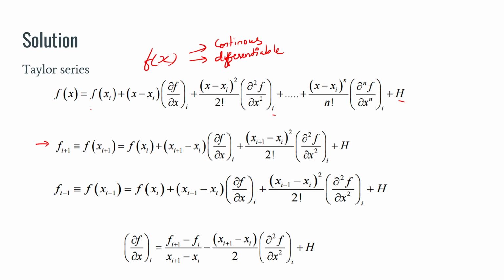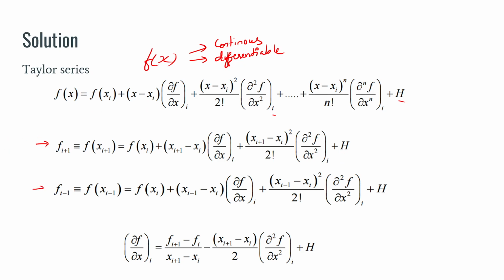We have to substitute all the points which had x with xi+1. Then f of xi+1 is equal to f of xi plus (xi+1 minus xi) times ∂f/∂x at i plus (xi+1 minus xi) squared by 2 factorial times ∂²f/∂x² at i plus higher order terms.